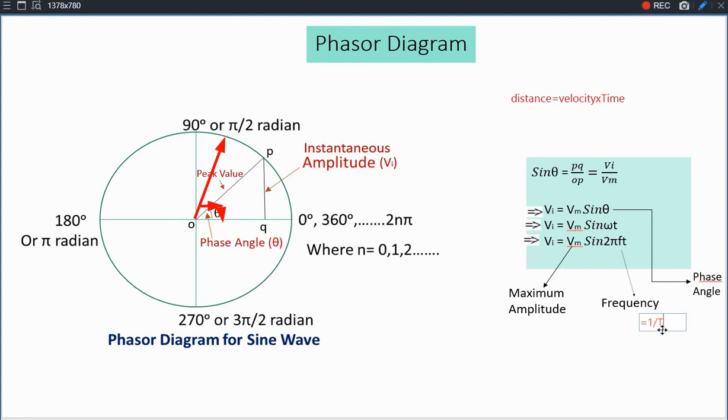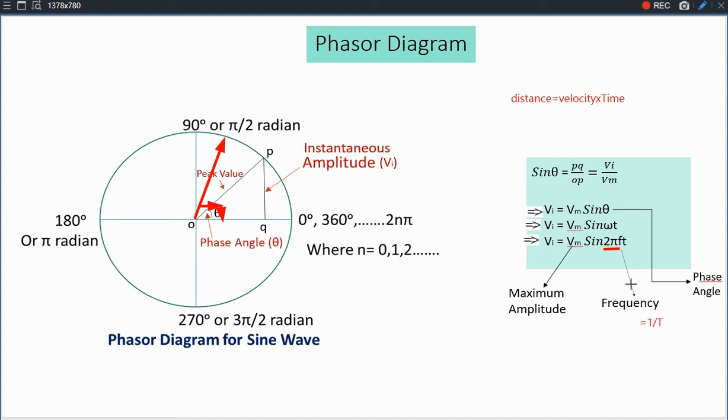So for one cycle there is a 2 pi angle. The value 2 pi is for one cycle. If the number of cycles increases, then we have to multiply it by the number of cycles, and the number of cycles per unit time is f, that is known as frequency.